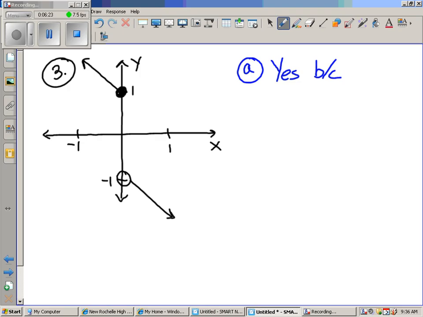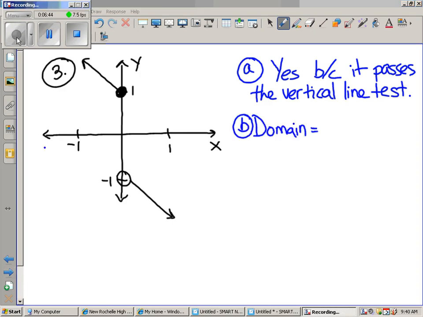How do we justify whether something's a function or not? Yes, because it passes the vertical line test.